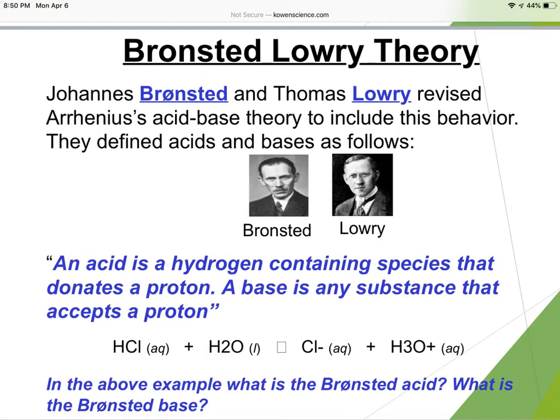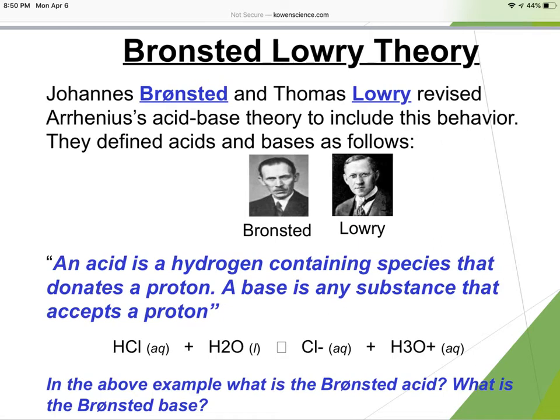Now, if you will remember from when we did our nuclear chemistry, another word for hydrogen is proton, because hydrogen has that one proton. So Bronsted and Lowry revisited Arrhenius's acid-base definition, and they redefined acids and bases.